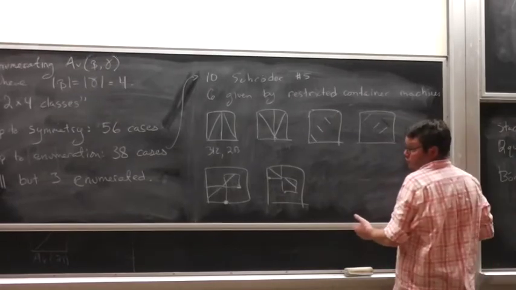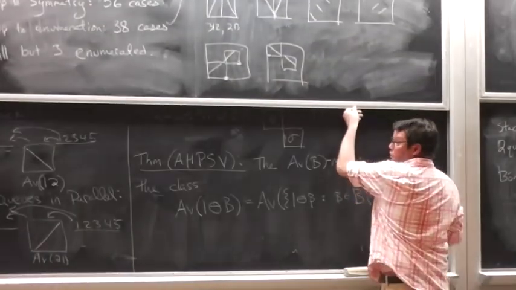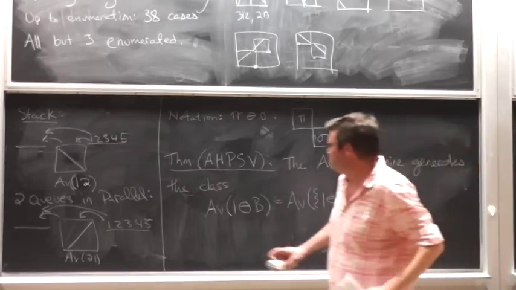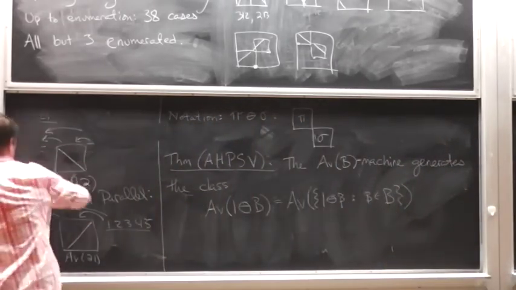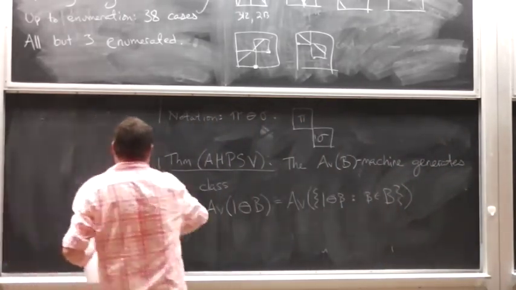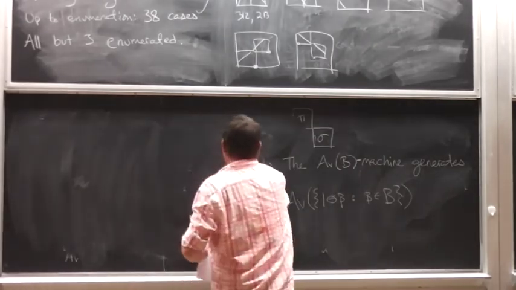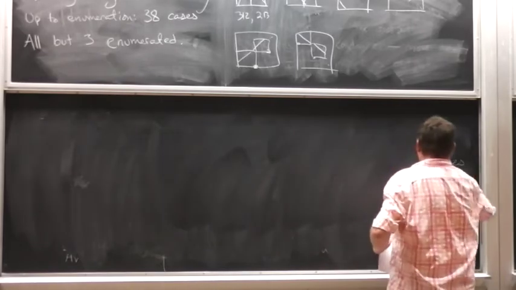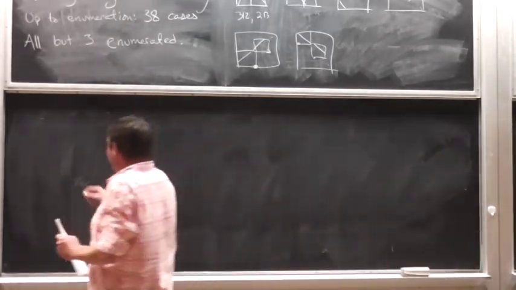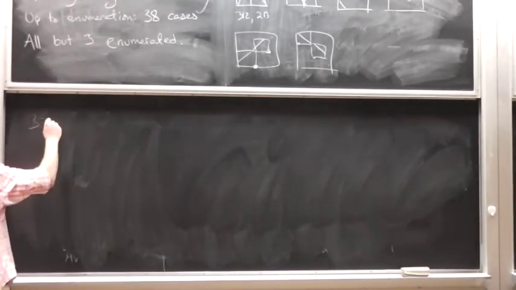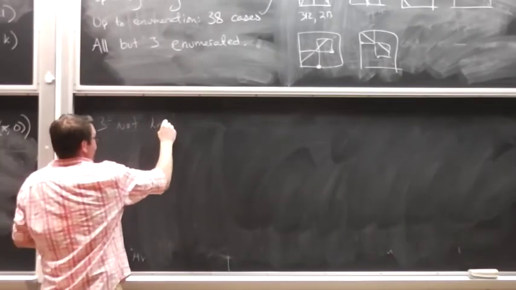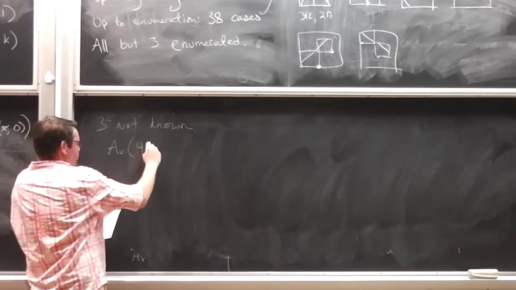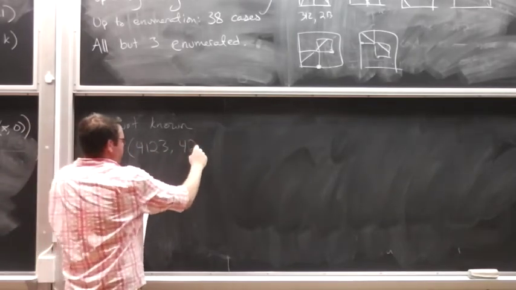The last thing I wanted to point out is these 3 that have not been enumerated. They're the following. Avoid 4, 1, 2, 3 and 4, 2, 3, 1.